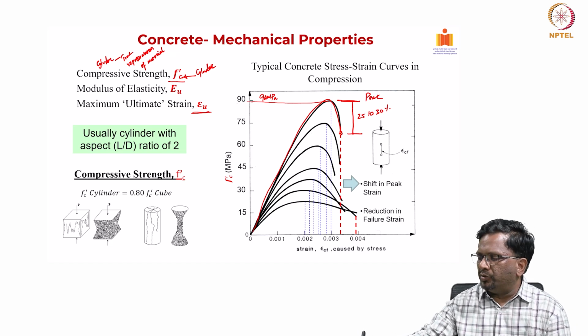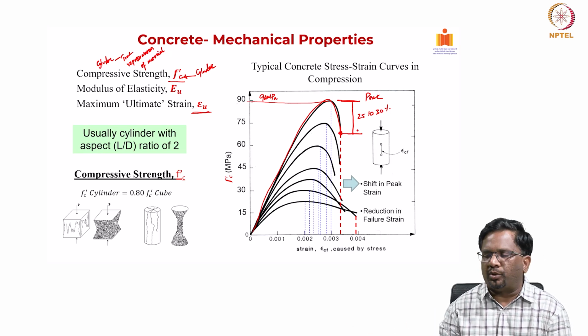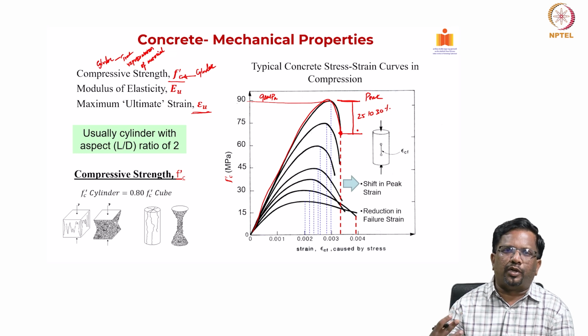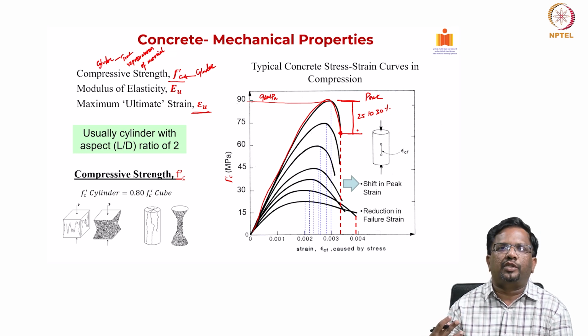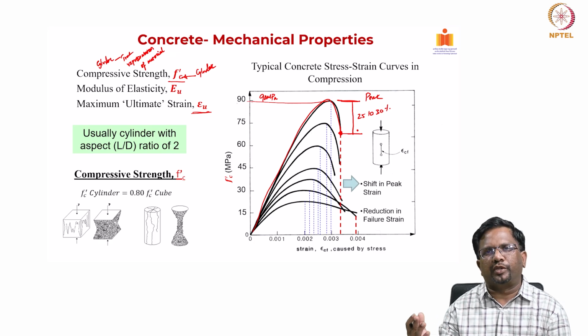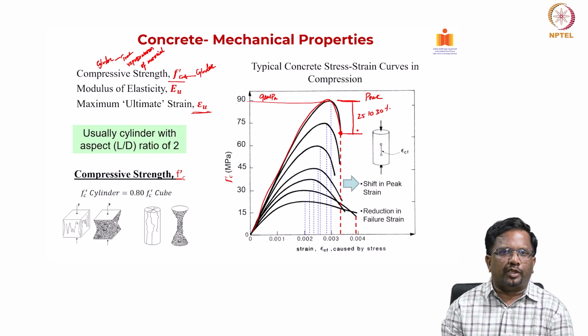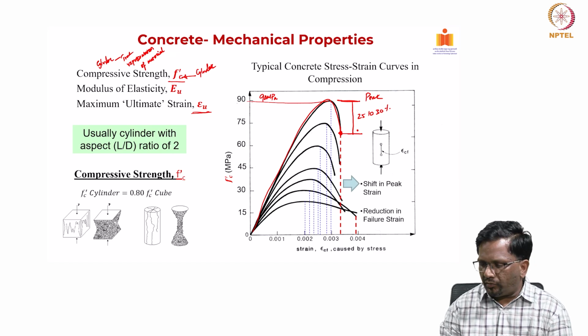So, you choose a strain at which the stress drops by about 20%, and the strain corresponding to that drop in stress is what we call the ultimate strain. It could be 20, 25 or 30 depending upon how you define it, but typically we take 20 or 25. Okay.